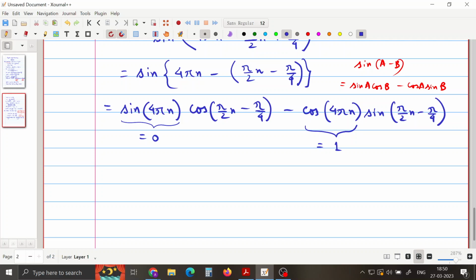So if you vary n, 4n turns out to be an even number. So we have an even multiple of pi. You consider cos 0, that's 1. You consider cos 2 pi, that is 1. You consider cos 4 pi, that is 1. But for odd multiples, cos is negative 1. So anyways, this is 1. So if you just put these values, you get this as minus sine of pi by 2n minus pi by 4. Okay, this is the thing.